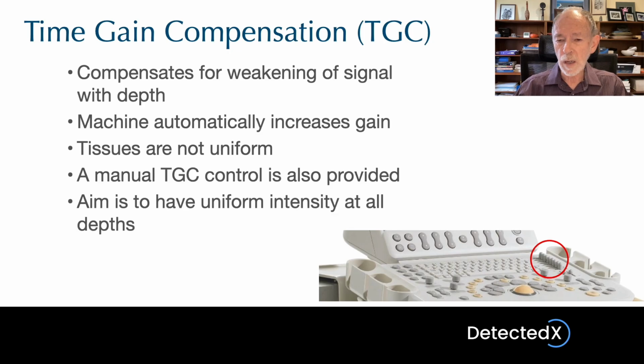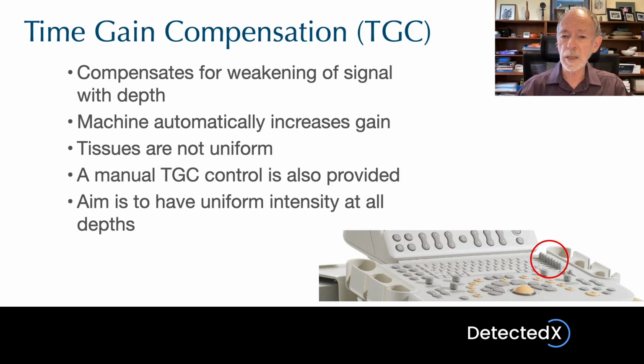Now we have a more complex gain function referred to as the TGC, or time gain compensation. The reason for this is that it compensates for the fact that the echo signal gets progressively weaker with depth due to attenuation. So the TGC is compensating for attenuation.